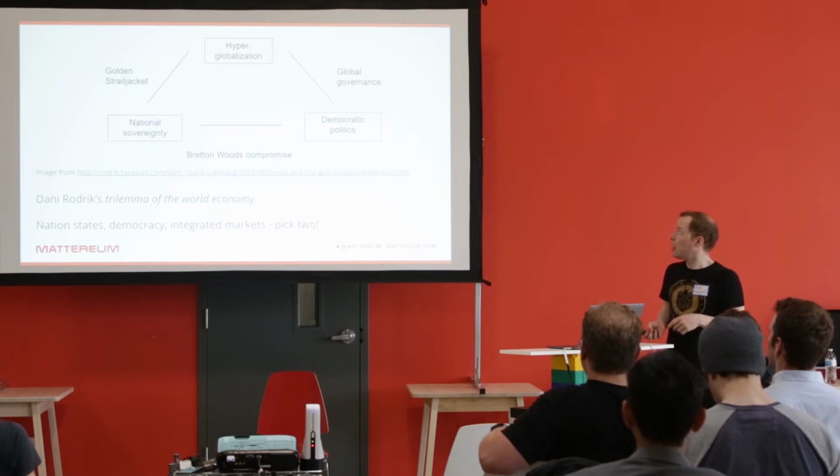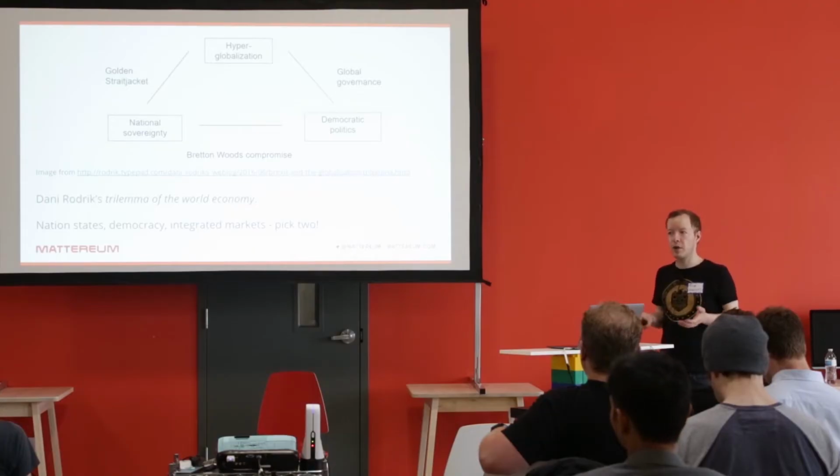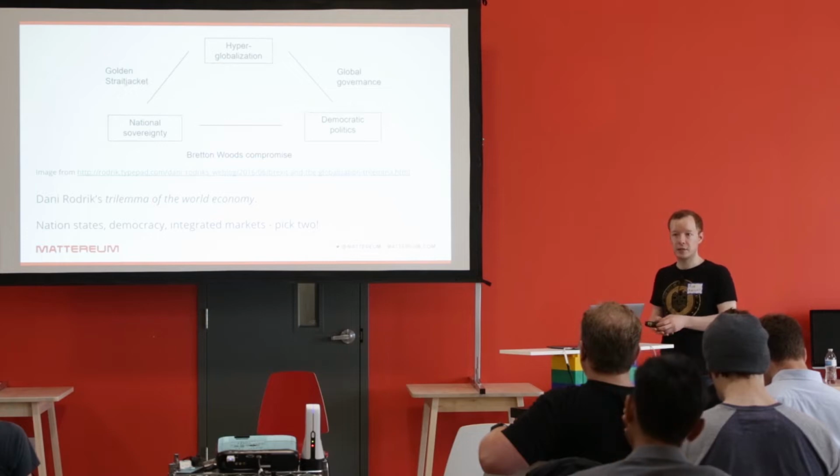You can get globalization and democracy if you're willing to diminish the nation state. So the European Union, for instance, has a European Parliament, and it has some of the machinery of a democratic system, but it does this at the cost of reducing the independence of its constituent members.